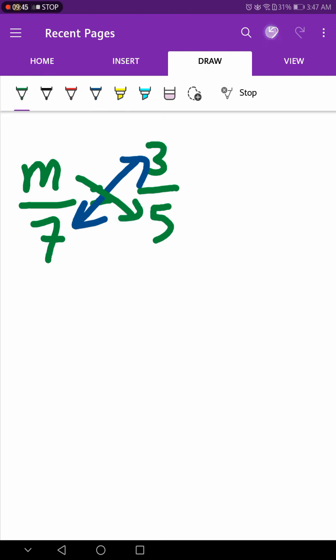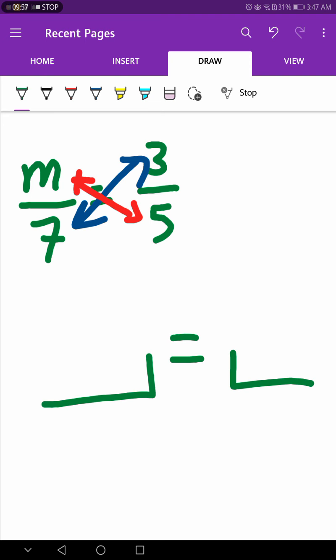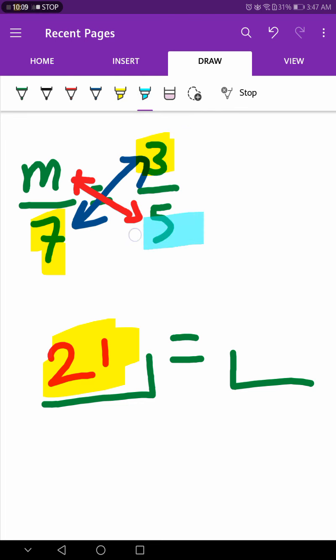I will change this color. Yes, I will use the red one. And then we draw the left side and the right side. I do the multiplication. 21 is coming from here, 7 multiply 3, and 5m is coming from 5 multiply m.